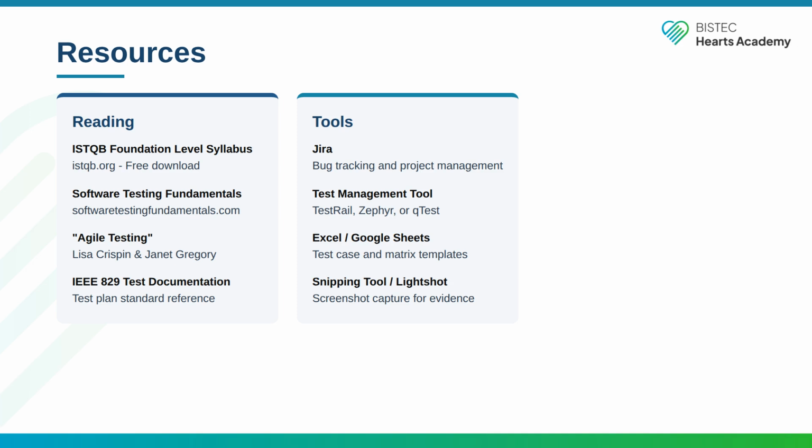For tools, Jira is the most widely used bug tracking tool in the industry. Create a free Atlassian account and start exploring. For test management, look at TestRail, Zephyr for Jira, or QATest. These tools let you organize test cases, track execution, and generate reports. Excel or Google Sheets are perfectly fine for test case management when you are starting out.